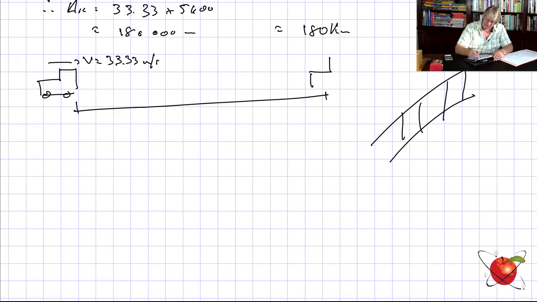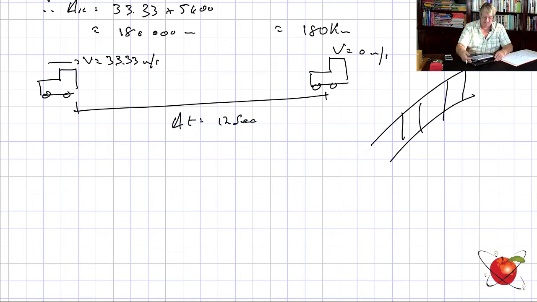So it's my new situation. What do I know? Velocity equals 0 meters per second here, and delta t equals 12 seconds. Calculate the acceleration. Acceleration is delta v over delta t.